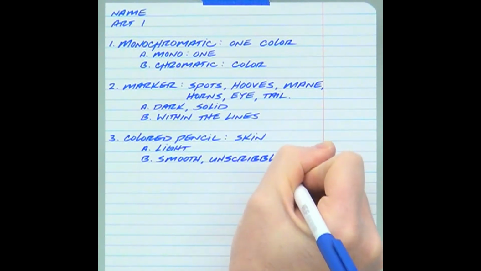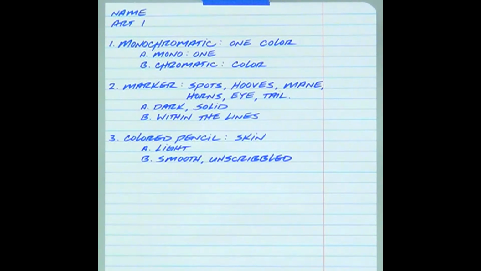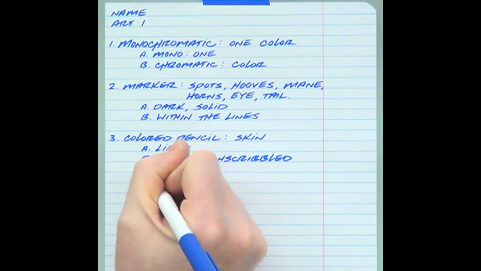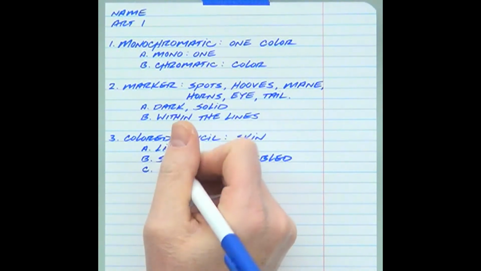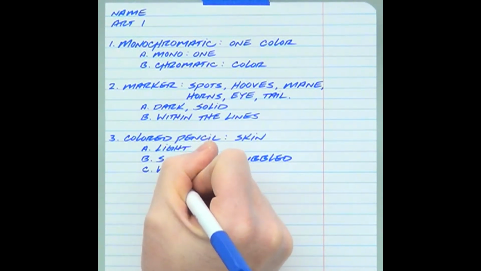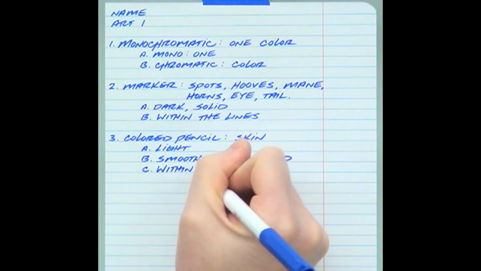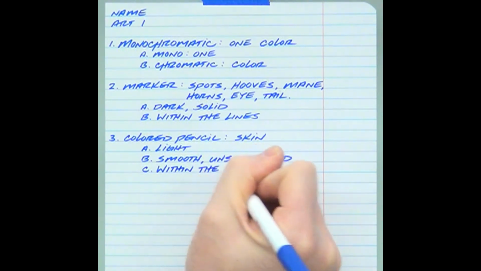So by now you know that scribbling is a crime and a sin, and I don't want you to scribble with your colored pencils. Scribbling is when you can tell the direction of the strokes of your pencil. Indent C, and of course, write that down again for me, within the lines.